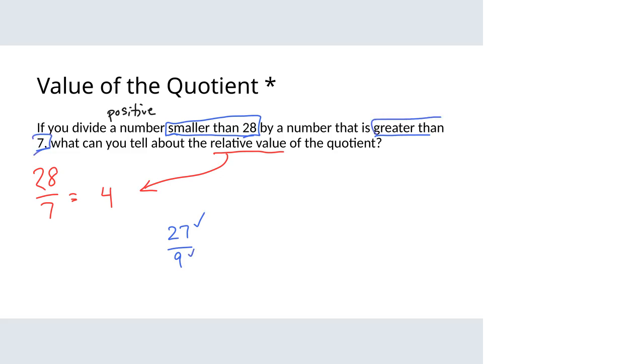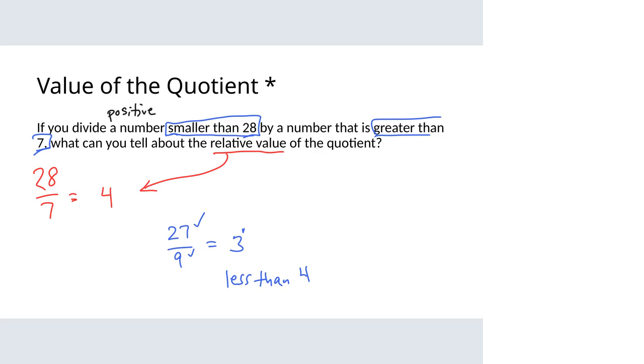I got those conditions met, and that comes out to an answer of 3. So I got a number that is less than 4. That might be enough to convince you right there, because that's the correct answer.